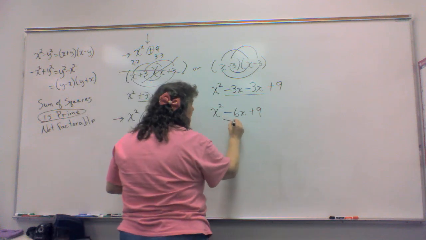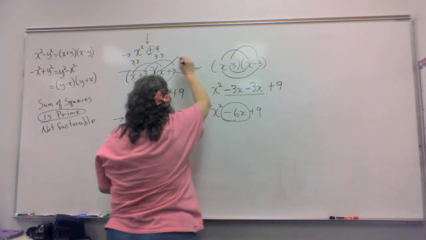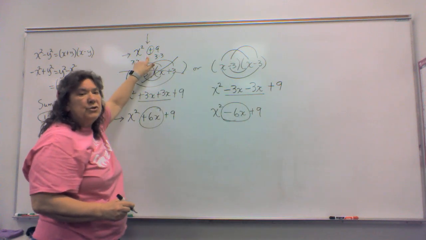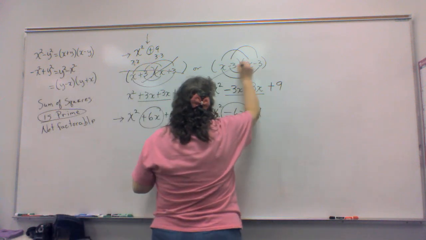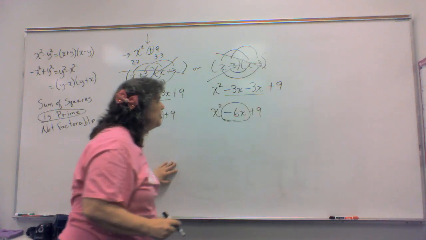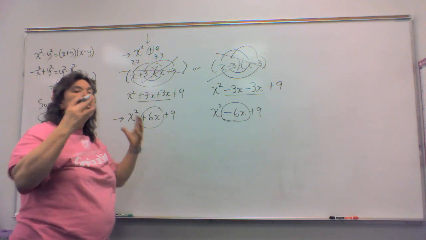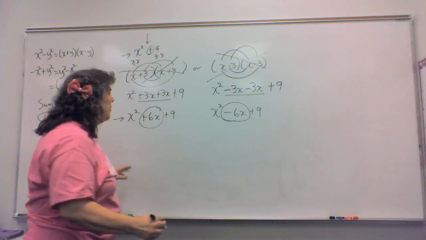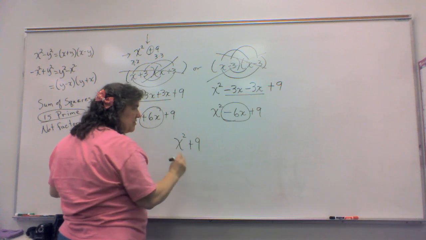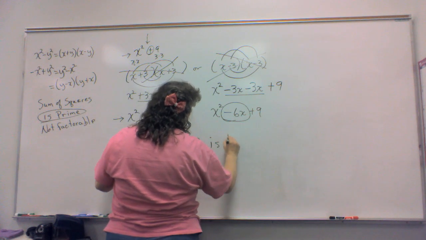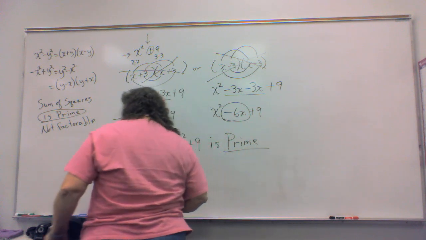We have a negative 6x in a middle term that does not exist in the original two-term binomial. Therefore, this also is not the factorization of this particular binomial. There's no other possibility. Therefore, this x squared plus 9, which is a sum of squares, is prime. And prime is the correct term for it.